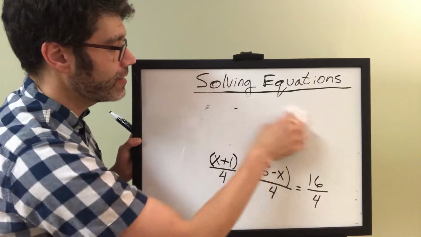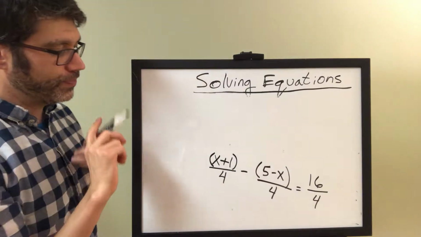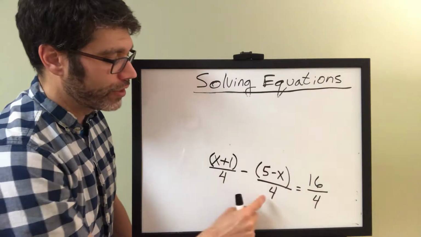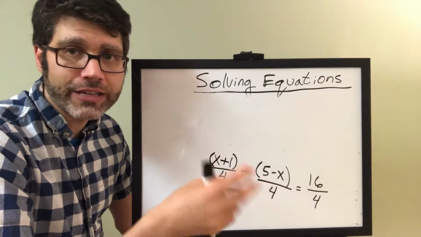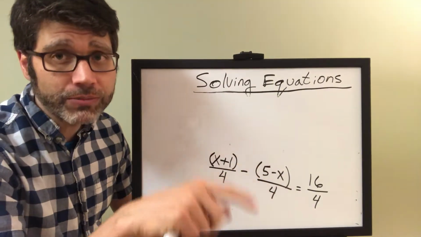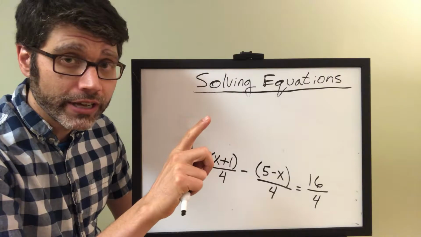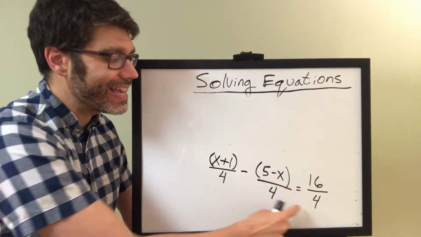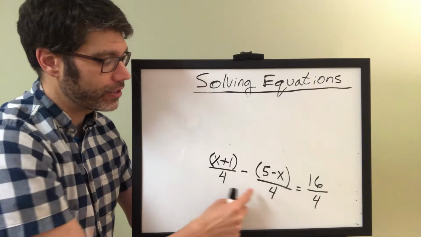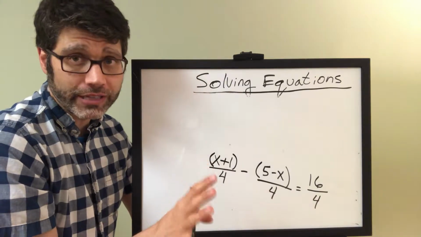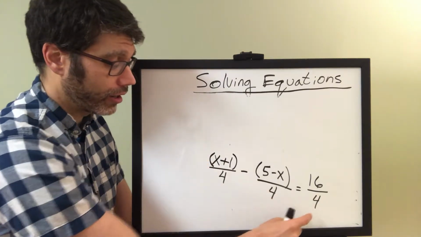So in this case, let's say that we had 4's in the denominators. Remember, when you're either adding or subtracting fractions, we add or subtract the numerators, but we always keep the denominators, if they're all the same denominator. In this case, they are.